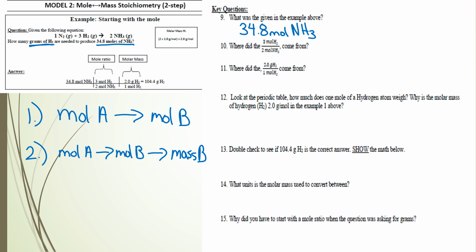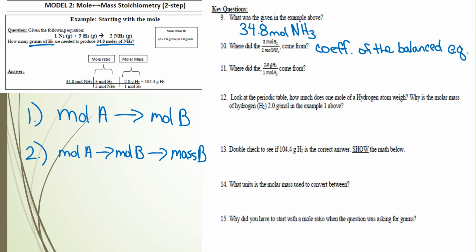Coefficients of the balanced equation. Notice that these first two are repeated questions.